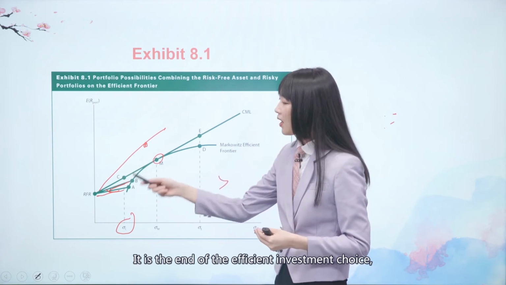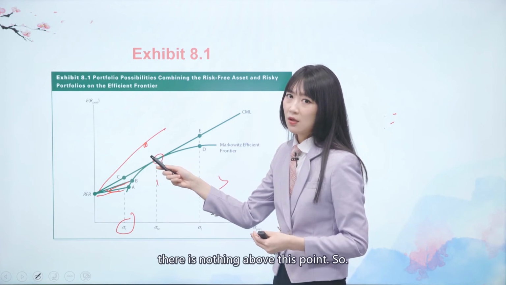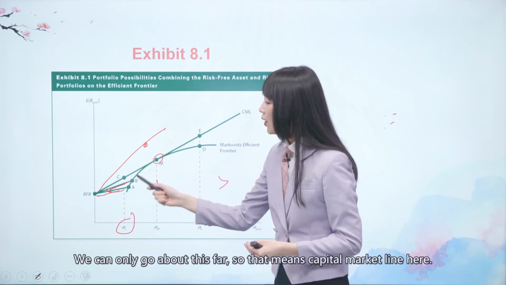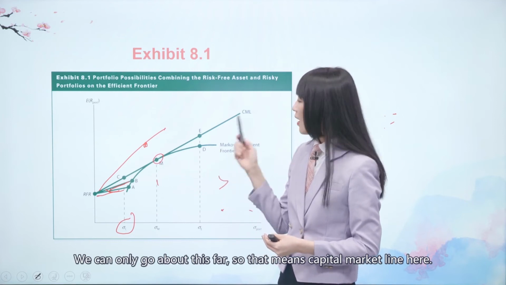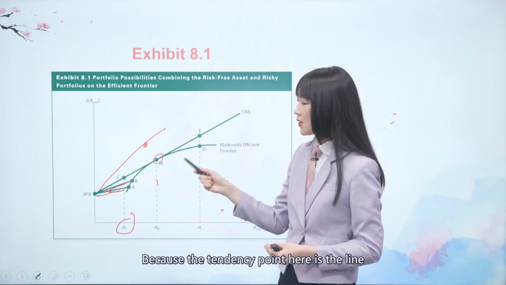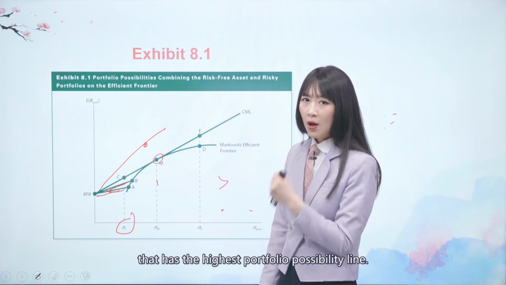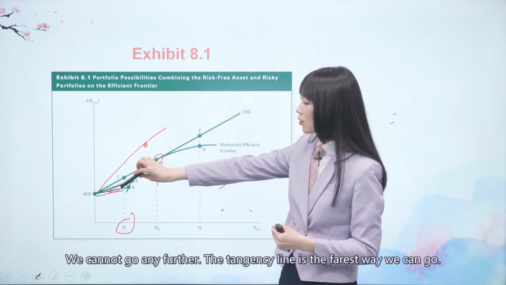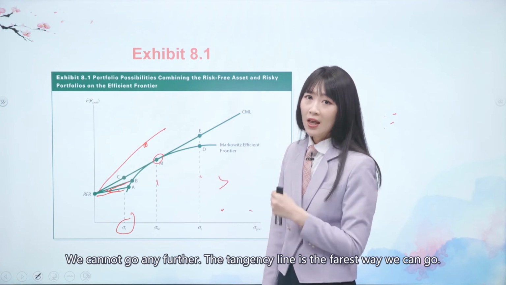There's nothing above this point. So we can only go about this far. So that means for the capital market line, because the tangency point here is the line that has the highest portfolio possibility line, we cannot go any further. The tangency line is the farthest we can go.